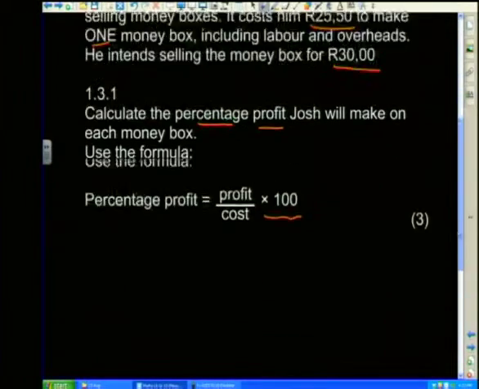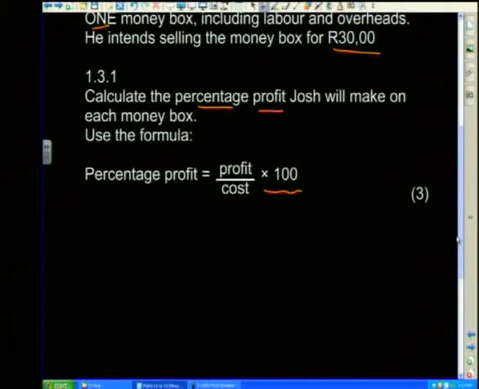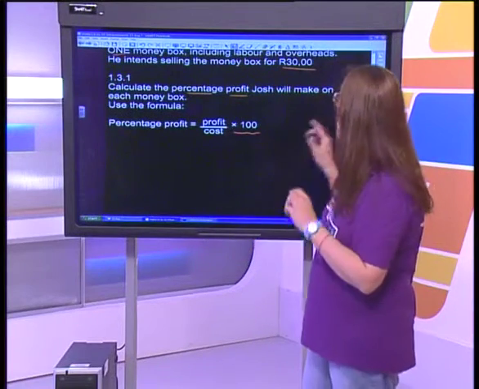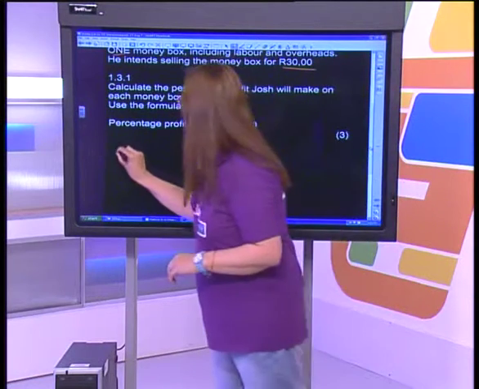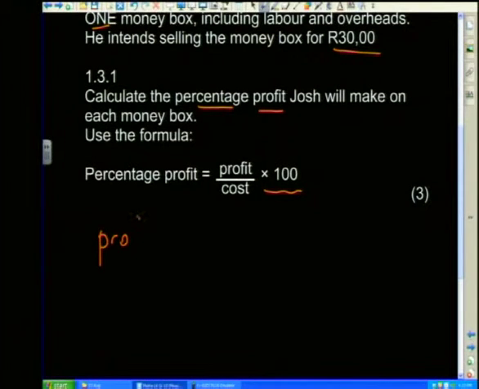Right, so we're looking at our percentage profit is our profit divided by the cost. So first we have to work out what his profit is. So his profit is actually what he sold it for minus his expense.